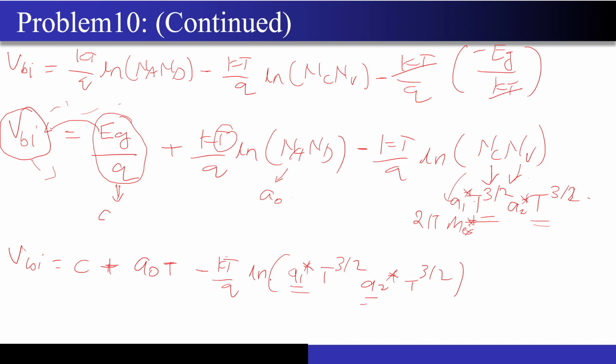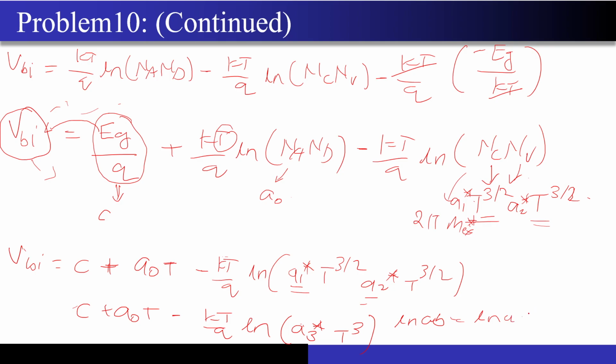So now I will make this a new constant and take the log of them. Let me write all the steps, that will be better. C plus A0 T minus kT by q ln of maybe A3 star T cube, as this 3 by 2 plus 3 by 2 became 3. Now I will expand this: log of AB is what?